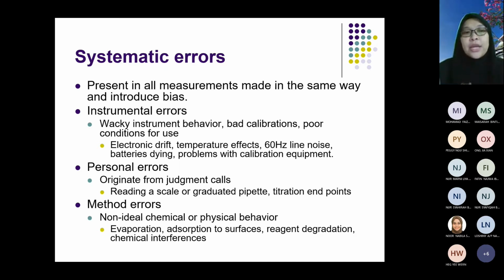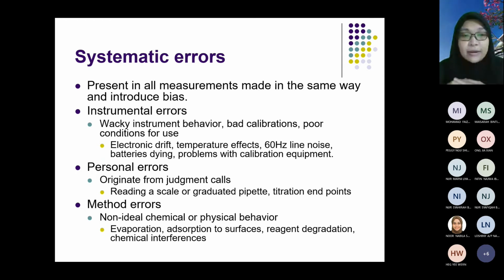Bad calibration or poor environmental condition where the instrument is placed. Specific examples here: electronic drift, temperature effects. We have learned about temperature effect for volume measurement, right? So that is instrumental error. That error happened on the instrument itself.